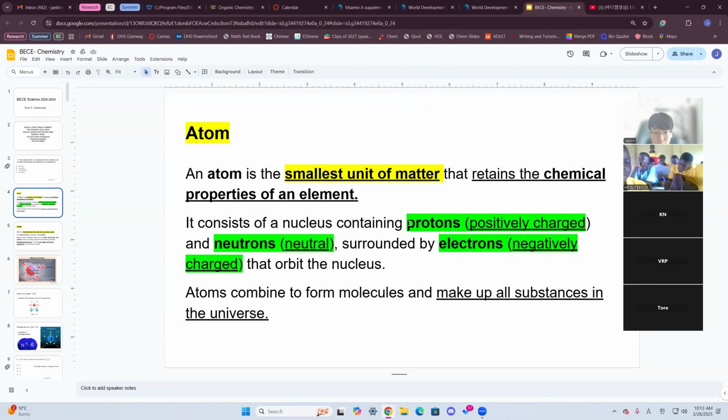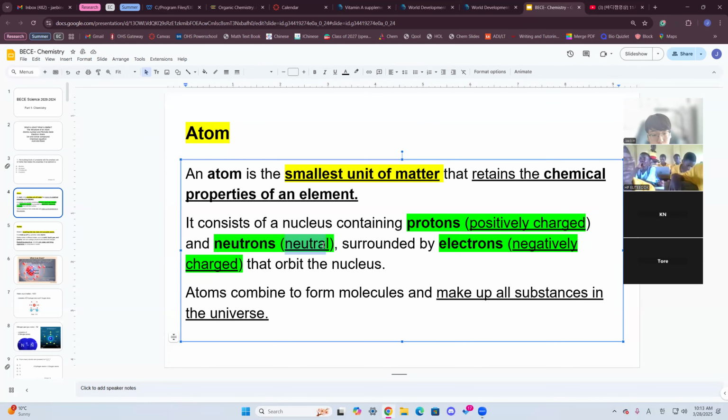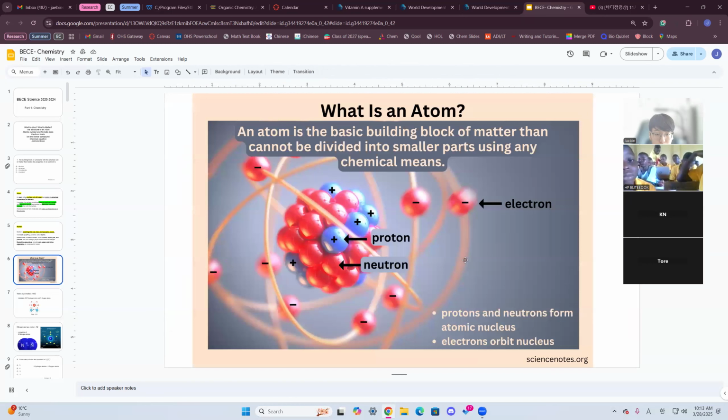So the only difference are the charges because protons are positive, neutrons are neutral, and electrons are negative. You can see that protons and neutrons are at the center, and electrons are orbiting around. Does that answer your question?